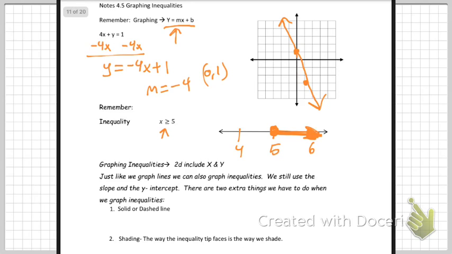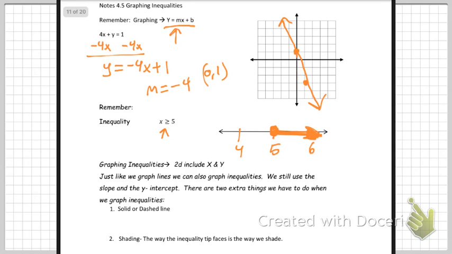Graphing inequalities in two dimensions, 2D, is going to include x and y in the equation. Just like where we graph lines, we can also graph inequalities. We still use slope and y-intercept to graph them, and there are two extra things that we have to do.